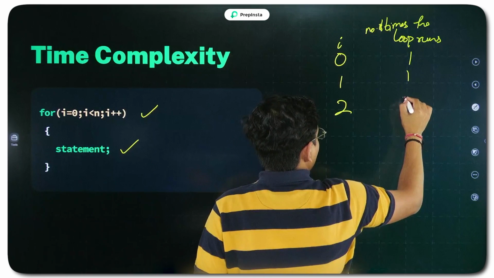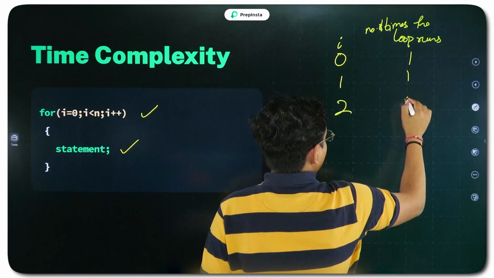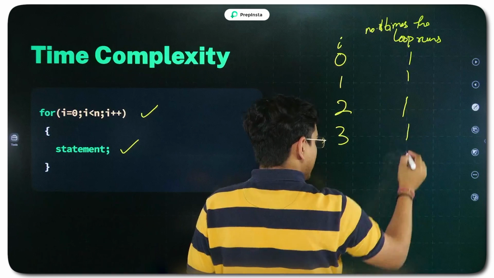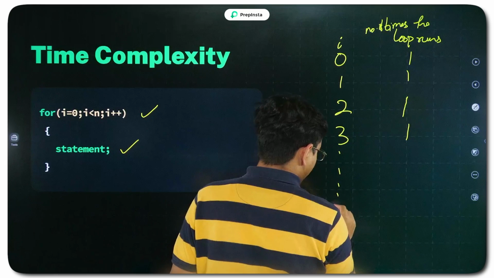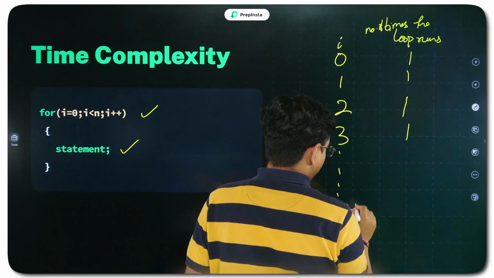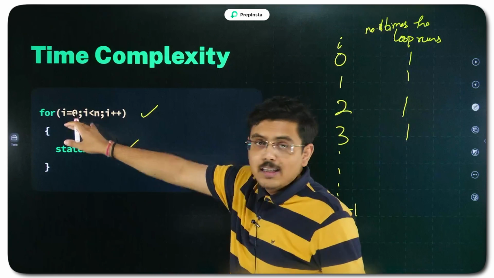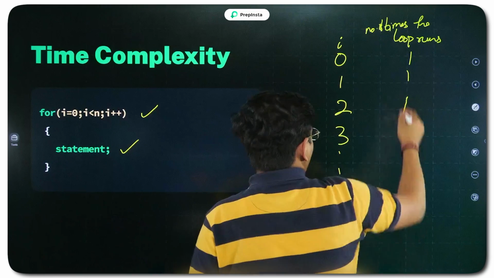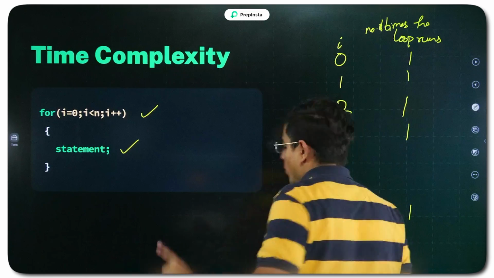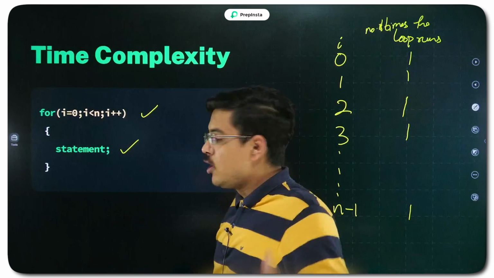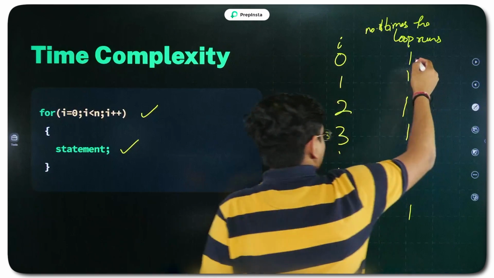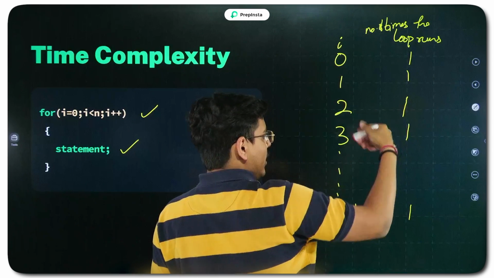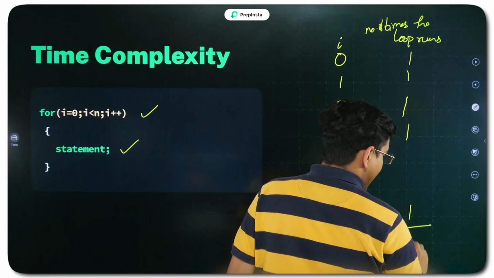Again, once it will get executed. I keep on going. For 3, it again gets executed, and till n minus 1, because i needs to be less than n. So till n minus 1, this loop would run once every time. So if we compute how many times this loop ran, the total number would come out to be n.